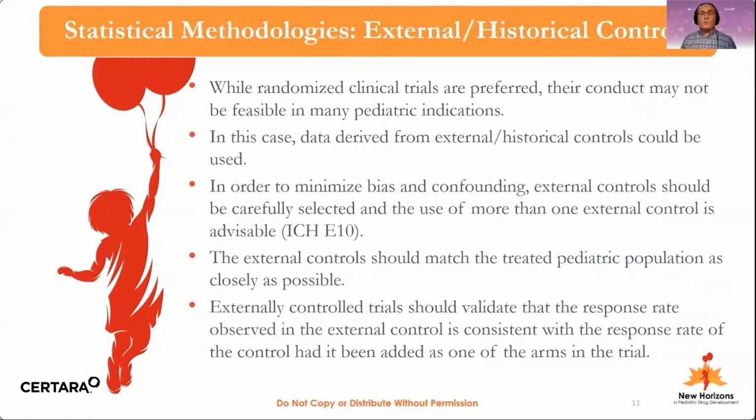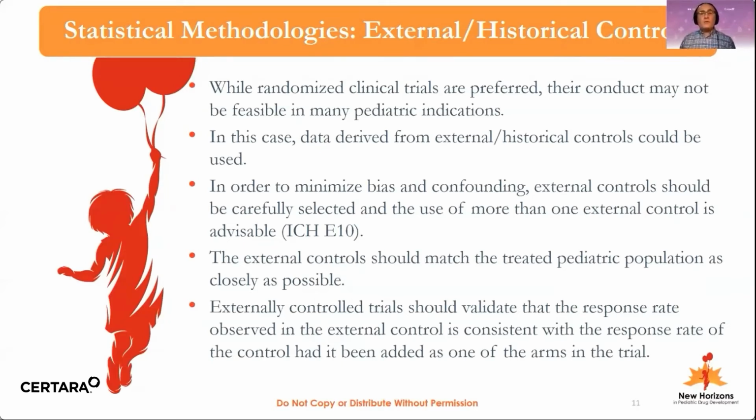So let us now move to the type or source of information that we can use for pediatric studies and extrapolation in particular. When studies are required in order to generate efficacy data, one of the most important design features and decisions will be the choice of the control arm. This is usually expected to be either a randomized concurrent control, an external control, or even an uncontrolled study, perhaps.